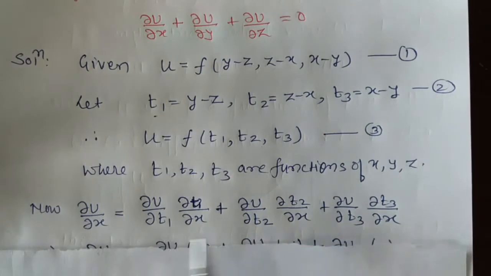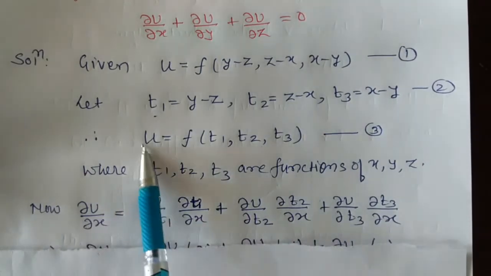So by chain rule, we get this expression for the partial derivative of u with respect to x.